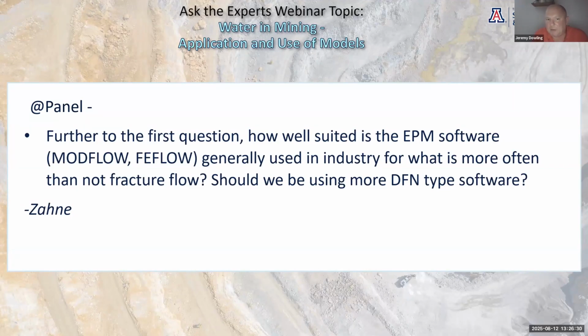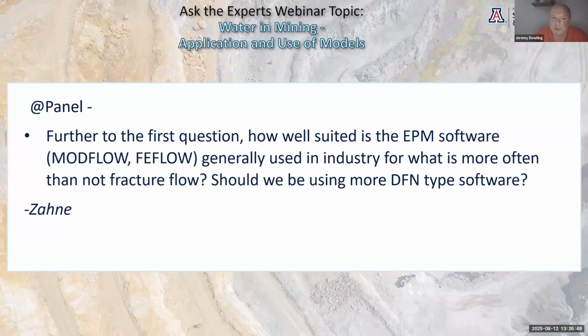Whereas with an EPM model, although the underlying physics is equivalent porous media, you can actually put a lot of discrete features in. If you've got a good structural model, you can put all the structures into the EPM framework and parameterize those.